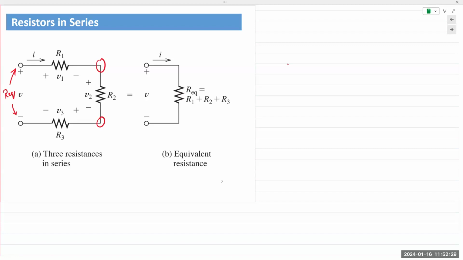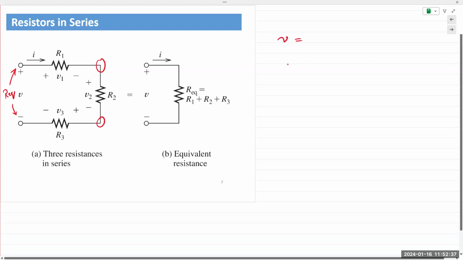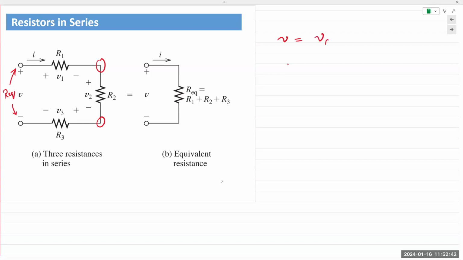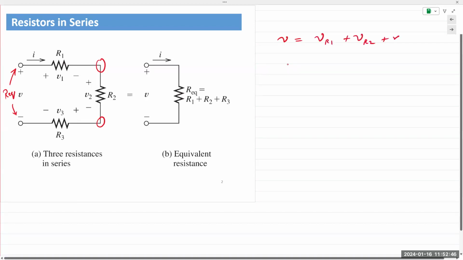Okay. The derivation is pretty simple. You're applying a voltage V to that circuit. So when you apply voltage V, it splits. You get VR1, VR2, VR3. When you apply a voltage, it causes a current to flow through the circuit.